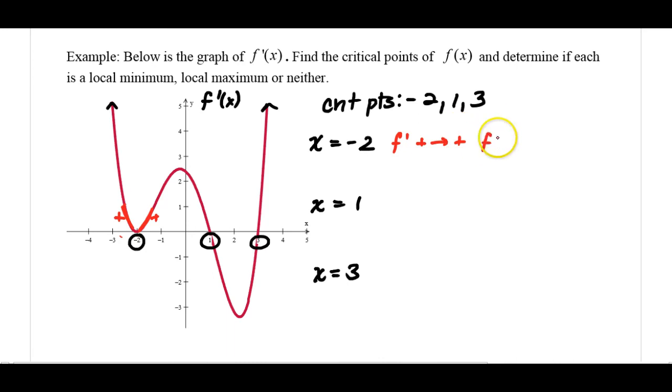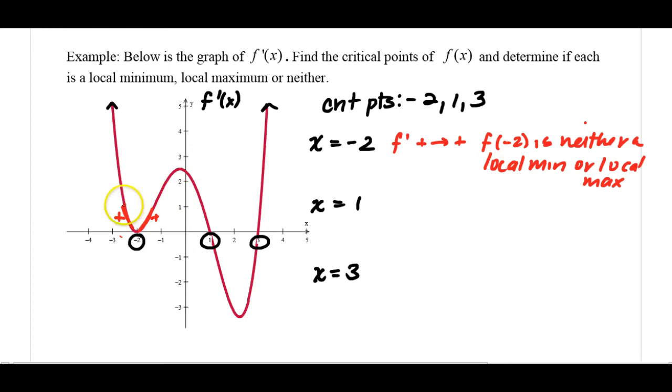So what that means is that f of -2 is neither a local min or local max. Because you'll notice on the graph of the derivative, there's a bounce off of the x-intercept. So even though I have an x-intercept, there is no sign change on the derivative, so that means that the original function can't change its monotonicity.